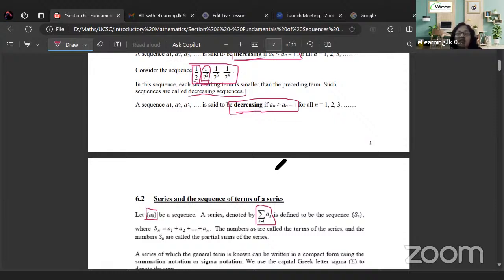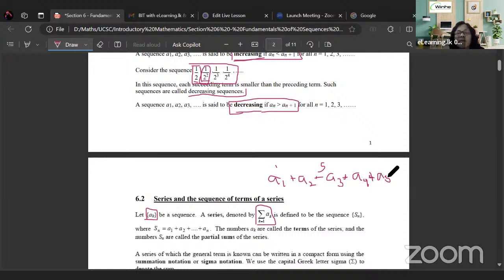අපි sequence එක sum එක ගන්නවා. හිතන්නකෝ 1 to 5 තියෙන terms වල sum එක සලකනවා. Then we have to write down a1 plus a2 plus a3 plus a4 plus a5.